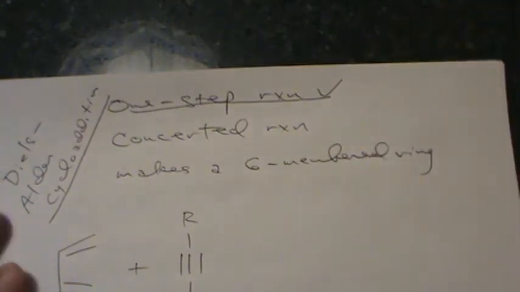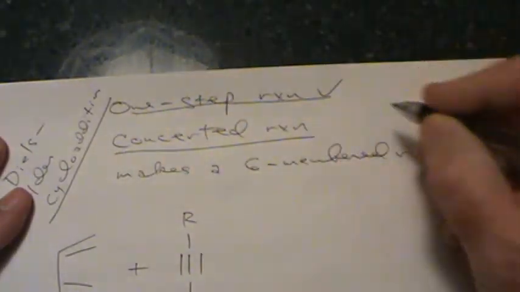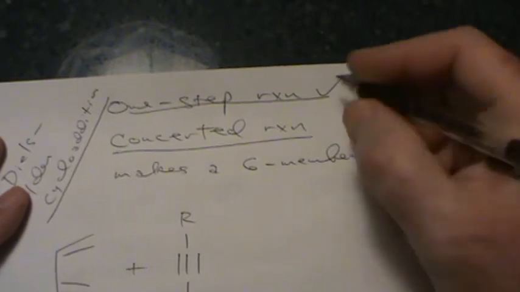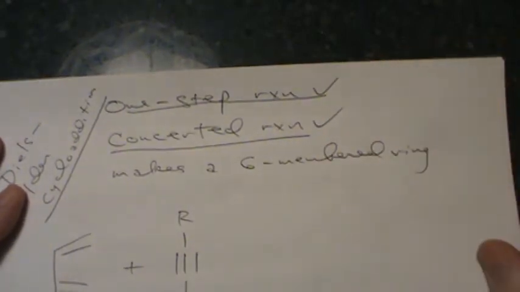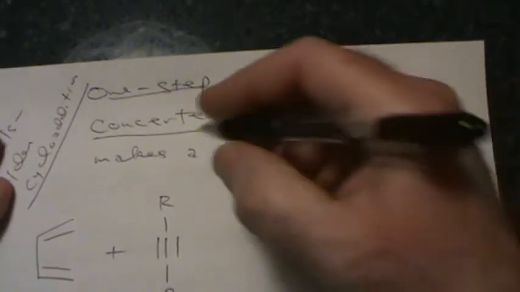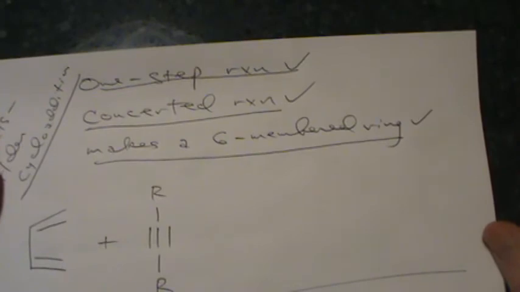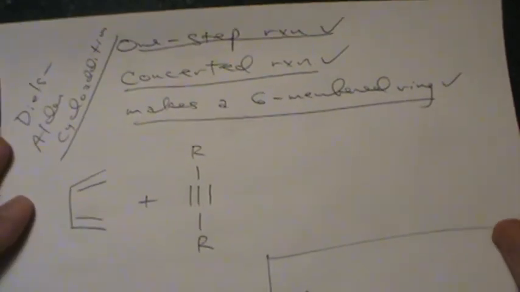Although we moved pi electrons all over the place all at once, it is still a one-step reaction. All of those new bonds that were being formed and all of those pi bonds which were being broken, that was all happening at the same time, which means it's a concerted reaction. And, as we were just discussing, it's a reaction that makes the all-important six-membered ring so prevalent in nature and so important in our lives.